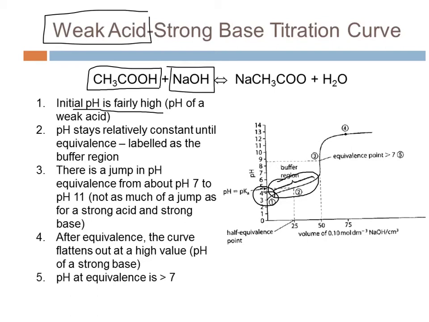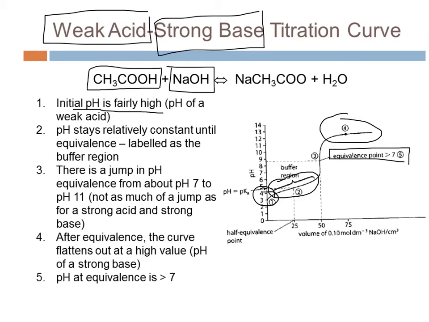And after equivalence, we are going to flatten out again at a high value, which will be equivalent to the pH of the strong base. The pH at equivalence, because we've got a strong base and a weak acid, is going to shift that pH higher to greater than 7.